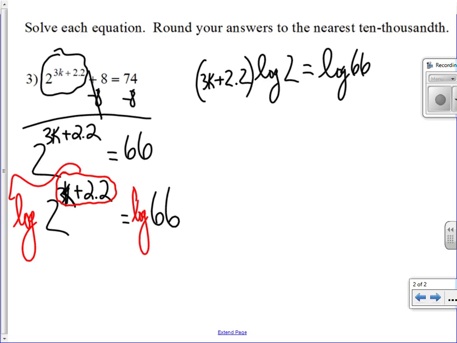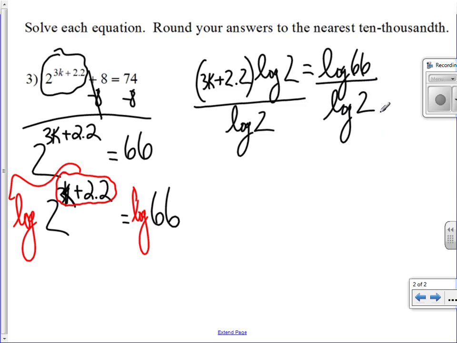Our goal is to get k by itself, but let's deal with any logs that are on the same side as the letter. Let's move this over to the right. When I say this, I mean log 2. We're going to divide both sides by log 2. Log 2's are going to cancel on the left. 3k plus 2.2 is going to drop it down.